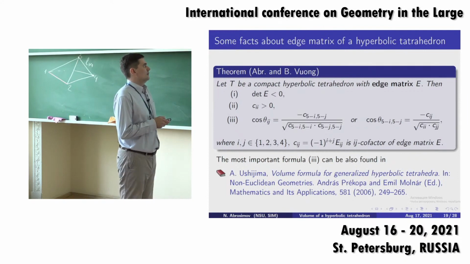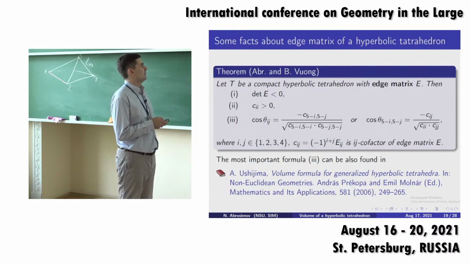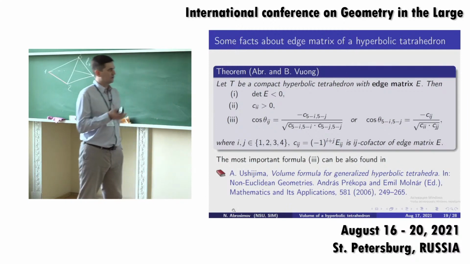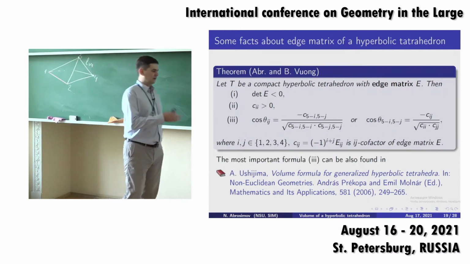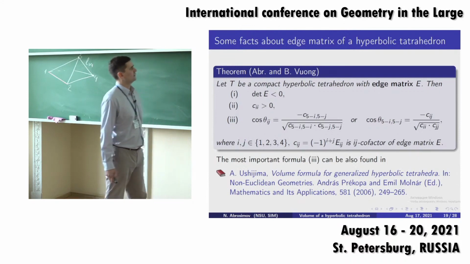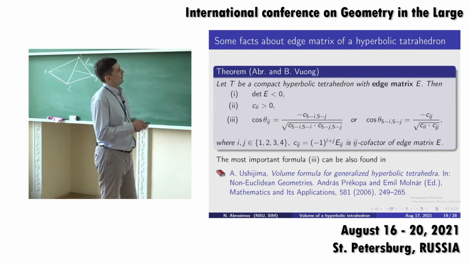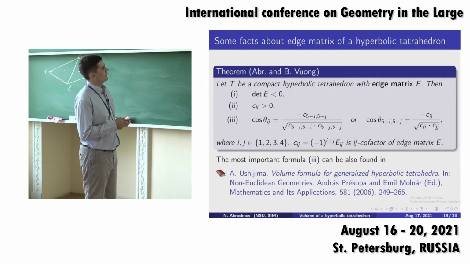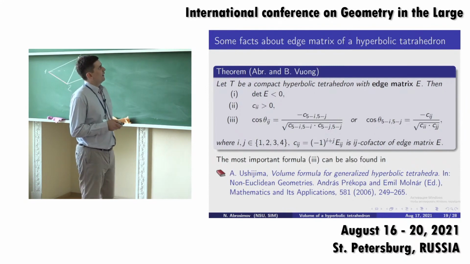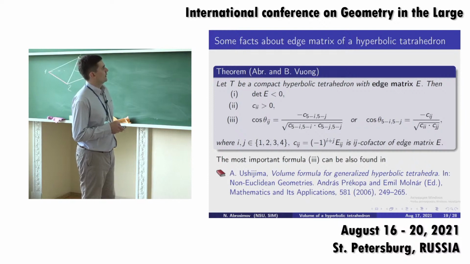And here, taking indices 5 minus i and 5 minus j is nothing more than the reflection of the edge matrix with respect to the second diagonal and nothing more. So we can write it in this way or in this way. I should note that this most important part can also be found in the paper by Akira Ushijima.